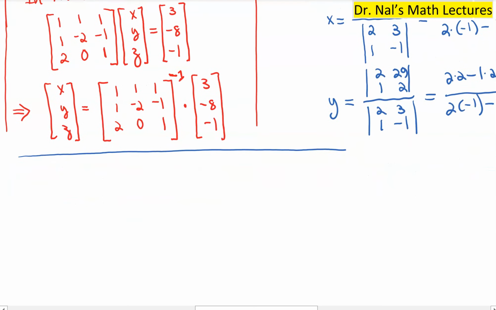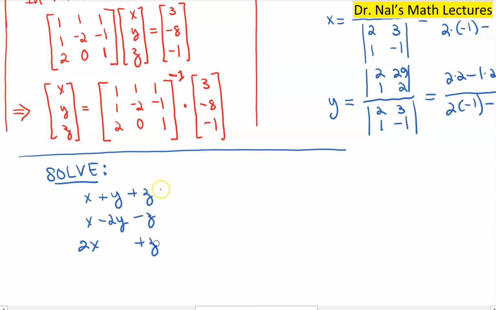So there we go. So the question was to solve, let me write the original wording of the question as well. Solve the following system of equations: x plus y plus z, x minus 2y minus z, and 2x plus z were equal to, respectively, 3, minus 8, and minus 1.